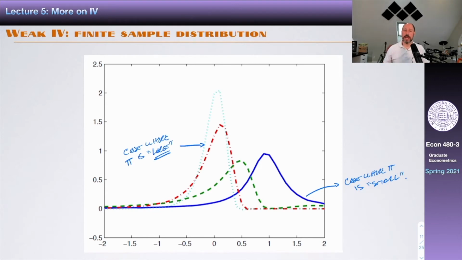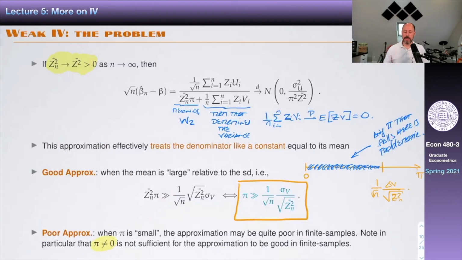But the main takeaway is that whenever this coefficient pi, or whenever the relation between the instrument and the endogenous variable, is not large enough, then the approximation is poor. And notice that this is not something that gets solved by having a large sample size, okay? So you can say, well, if I have a larger sample size, I should be fine.